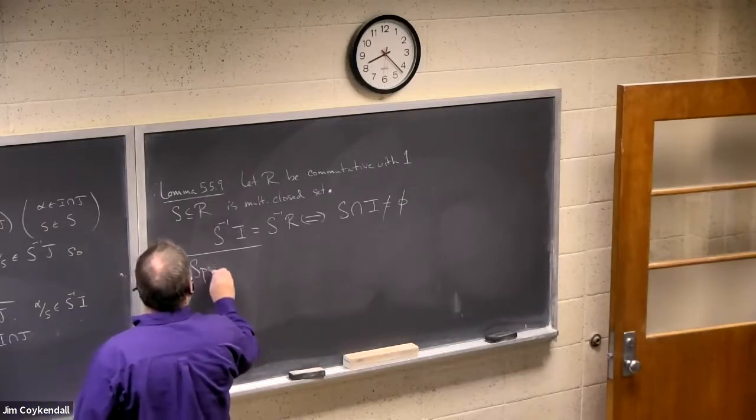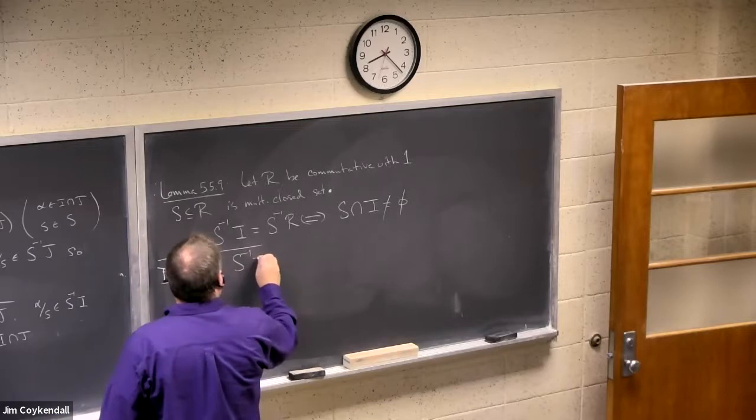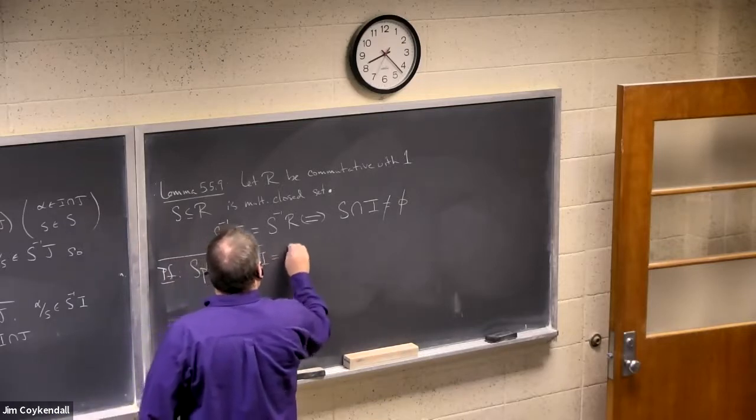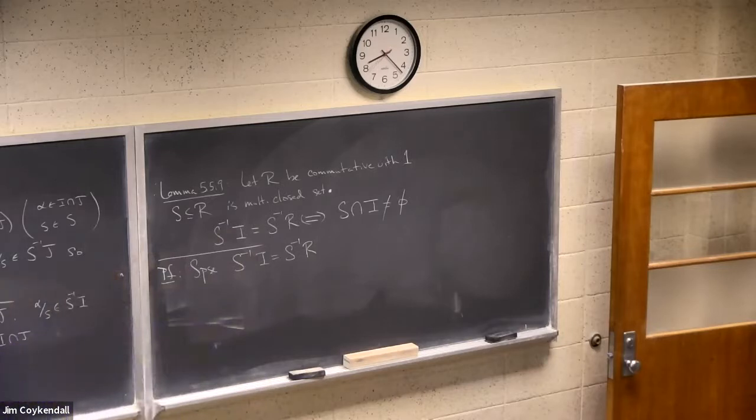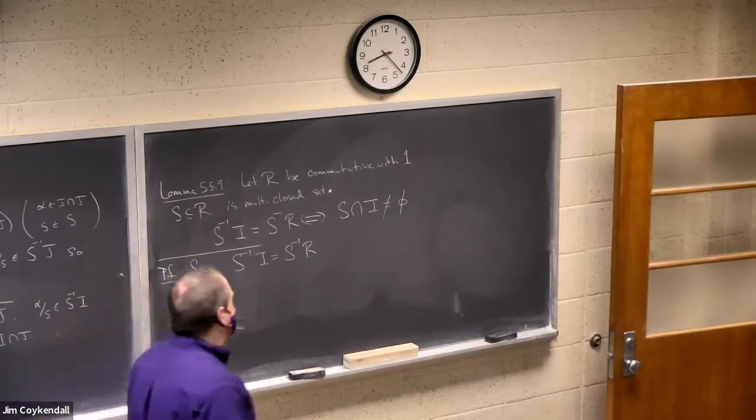Suppose first S inverse I equals S inverse R. In particular, here's where I use the ring has identity.